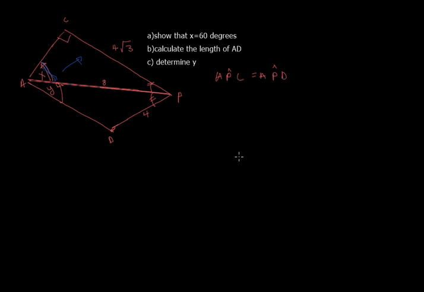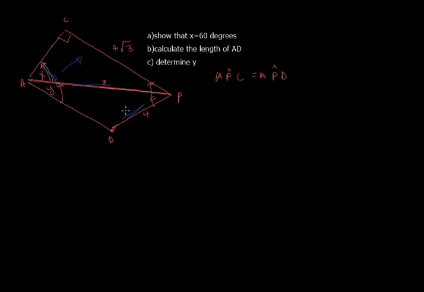So for part B, we're told to calculate length AD. So before we could do this, let's relate AD to the things that we have in triangle ADP. So we have this and this side, but the triangle is not a right angle triangle, which means we could use sine rule, cosine rule, and area rule.